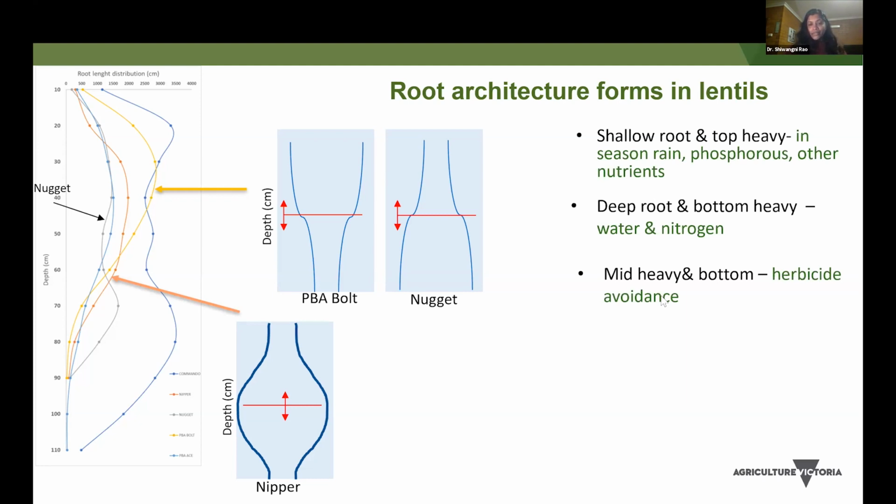And this particular root form is beneficial if you are looking towards herbicide tolerance or avoidance, because herbicide does tend to move down the profile after spraying, and it can cause root death, which can result in plant death. So if you have roots which are protected and majority of it is further down, it would be a beneficial trait.